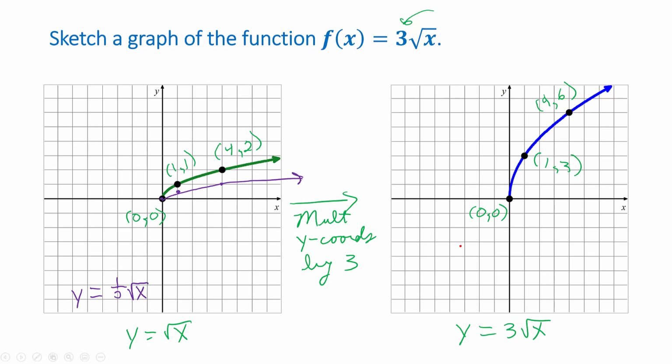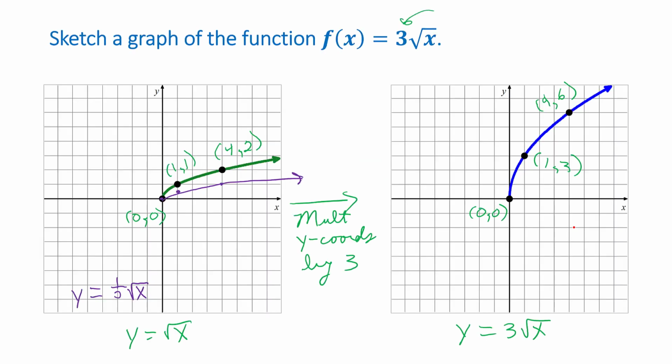So let's move on to horizontal scalings. These are transformations that stretch or compress a graph in the horizontal direction. And I want to go back here just a minute. This graph of y equals 1/2 square root of x, we say that compresses the original graph of y equals square root of x in the vertical direction.